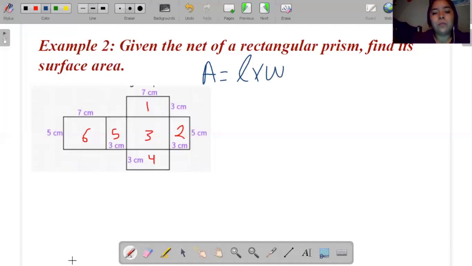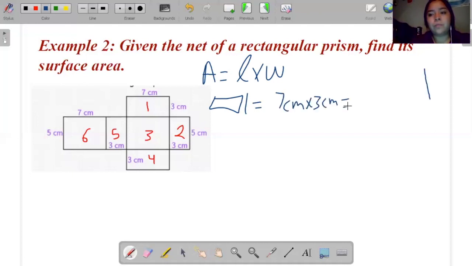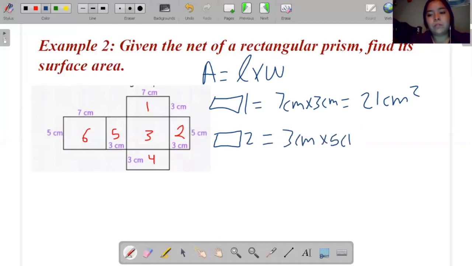Let's do rectangle 1, which is 7 centimeters times 3 centimeters. That's equal to 21 square centimeters. Rectangle 2 is 3 centimeters times 5 centimeters, which is equal to 15 square centimeters.